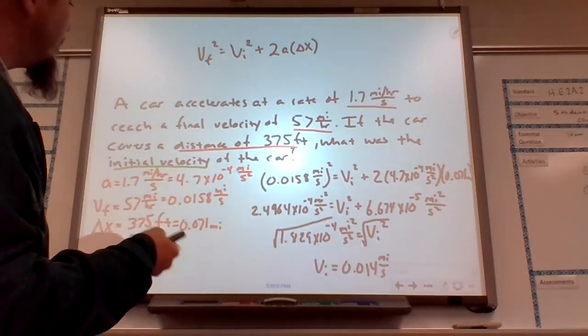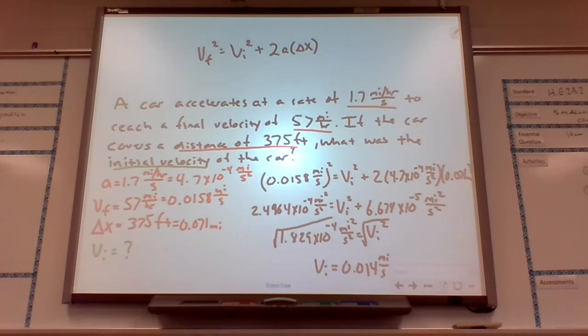Very small number because that is a little strange of a unit, miles in every second. We want to convert that to miles per hour. We would take that times 60, and that would be miles per minute. Times 60 again, it would be miles per hour. 48.7 miles per hour.